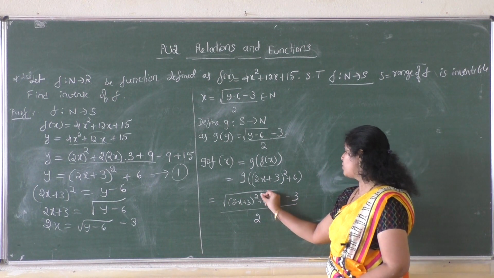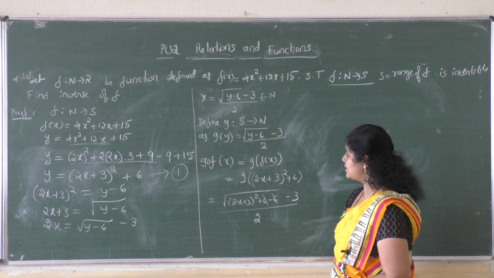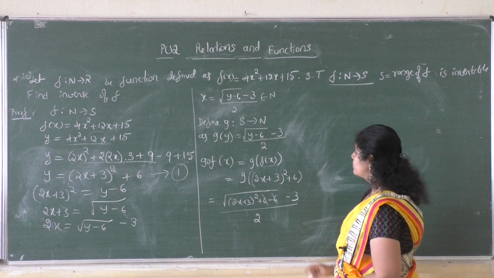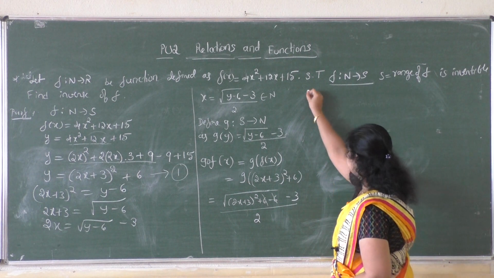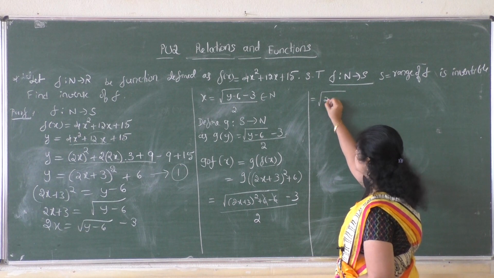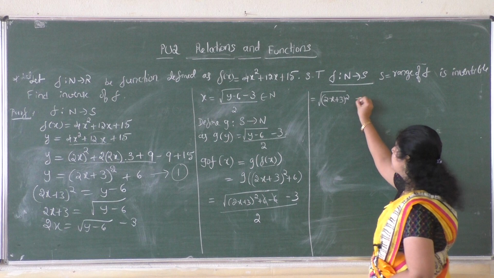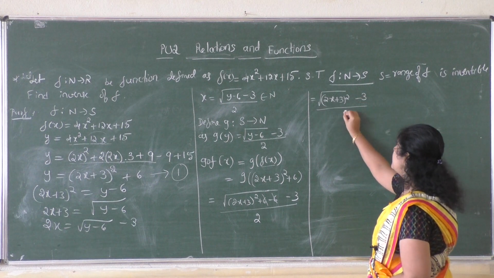So inside the square root, plus 6 and minus 6 will get cancelled. So we can see that is root of (2x plus 3) whole square, minus 3, divided by 2.